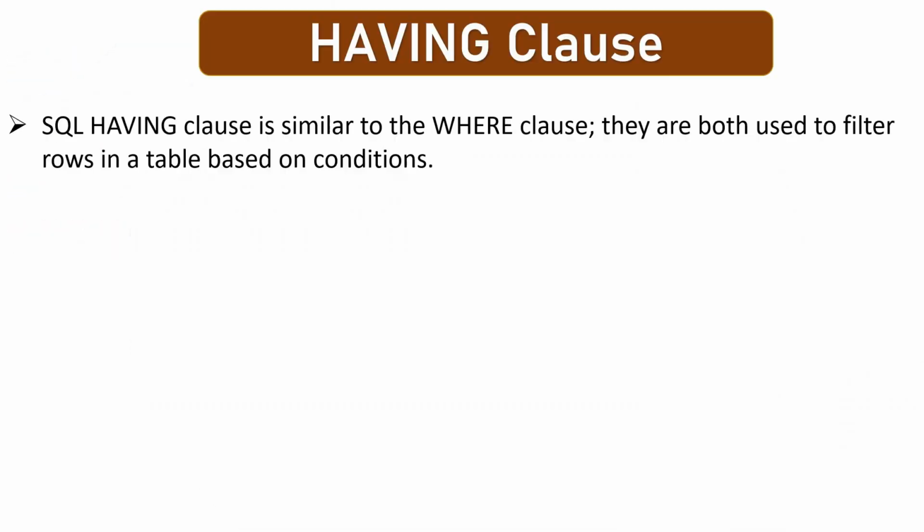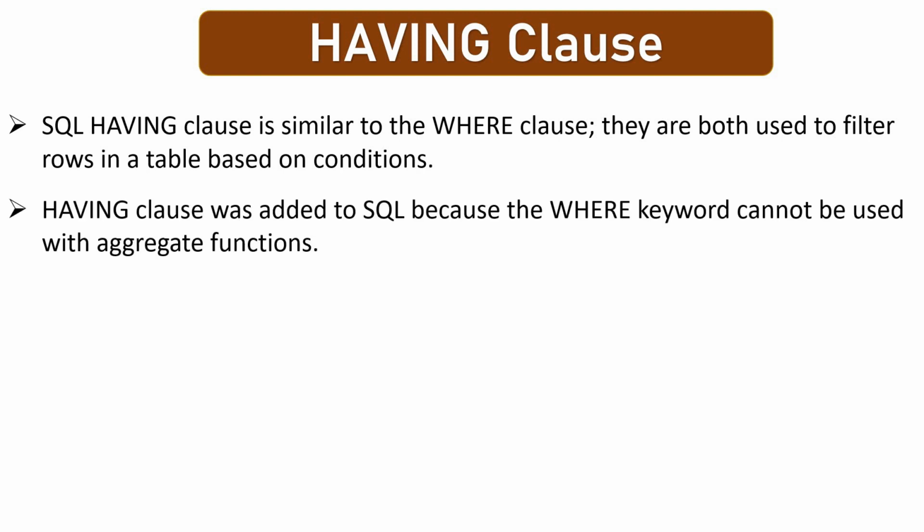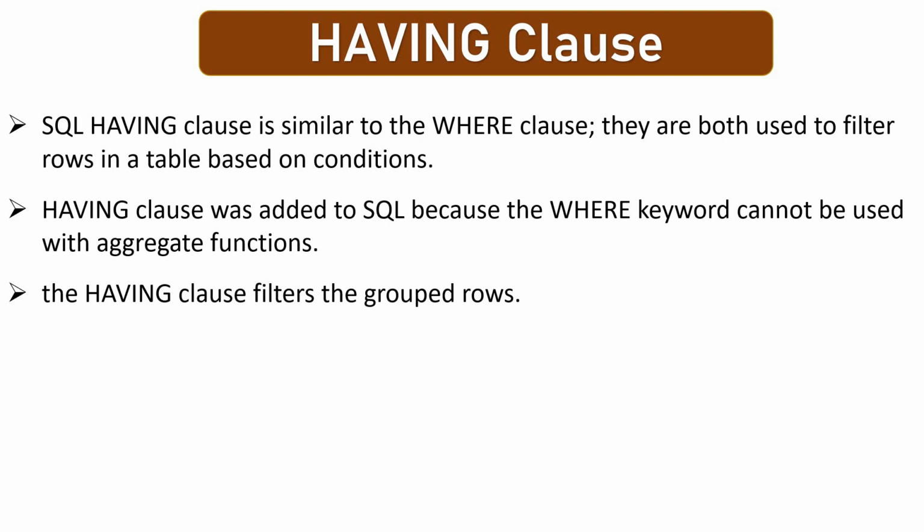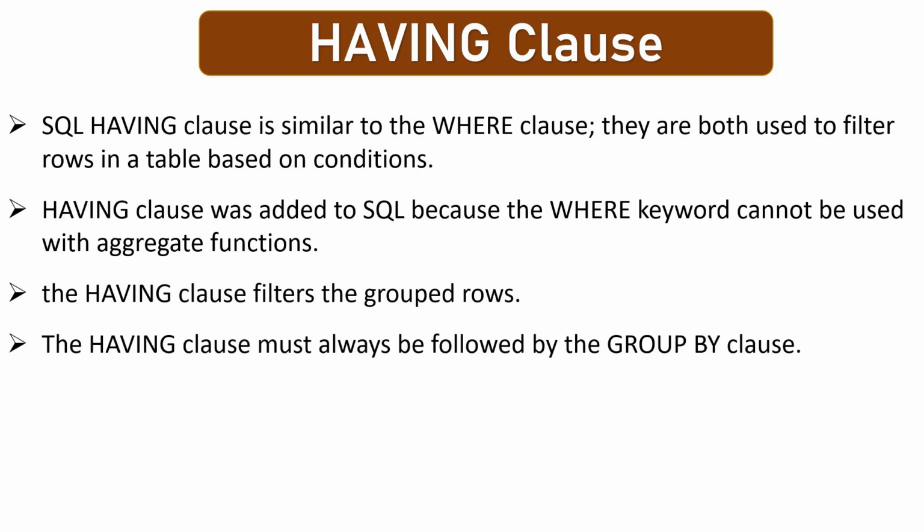So guys, having and where both clauses are similar, as they both are used to filter the rows of a table according to a specified condition. But we can't use the where clause with the aggregate function, because where clause filters single rows while having clause filters the grouped rows. So if we want to filter the data generated by an aggregate function, then we have to use having clause.